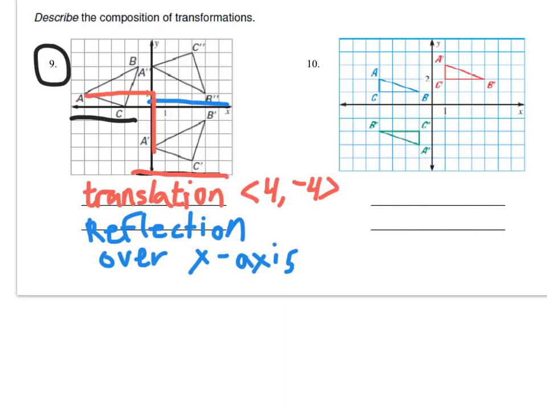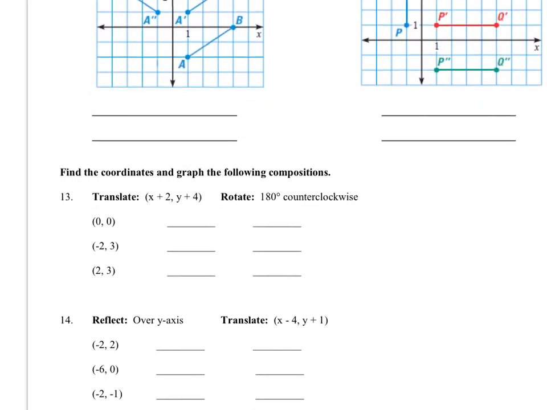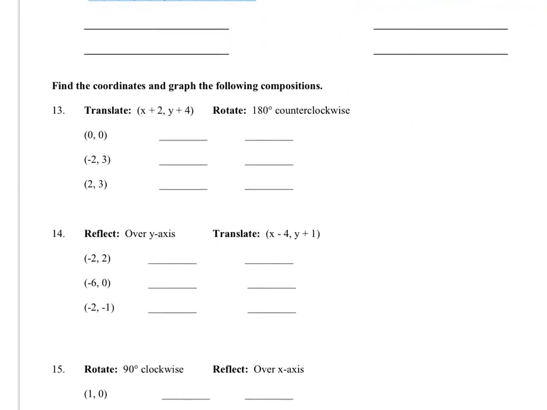All right, now let's look at one more problem. Let's take a look at 13. I'm going to help you find the coordinates of our composition and our two transformations, and then if you would like to add a graph to that, that's up to you. Our figure sits at 0, 0, negative 2, 3, and 2, 3.